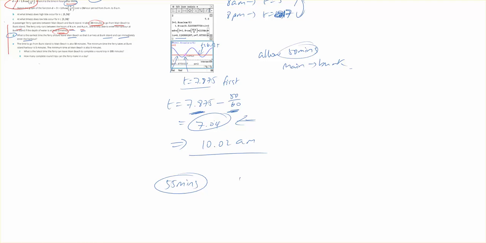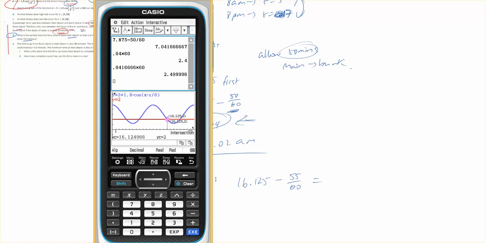So 16.125 is the deadline, and the travel time is 55 divided by 60. This corresponds to a time of 16.125 minus 55 divided by 60.